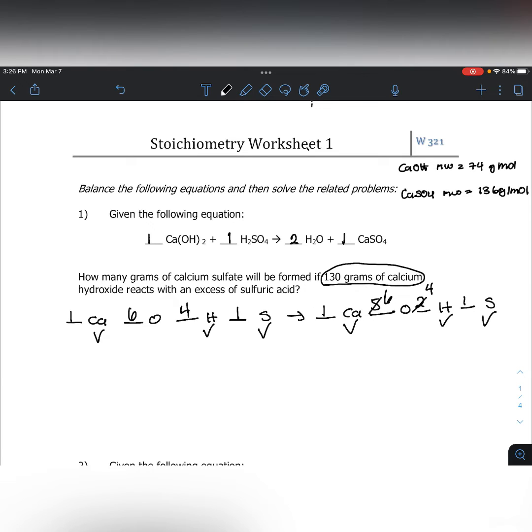Starting out with the equation, we know that we have 130 grams, and we're going to put calcium hydroxide here. That's in grams. Everything else over here is in moles. In order for us to go from grams to moles, we need the molecular mass of this.